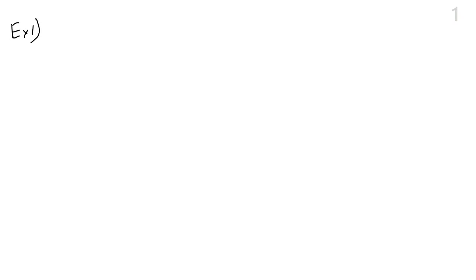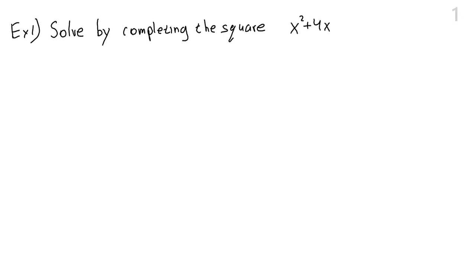So sometimes you're asked to just solve quadratic equations, and sometimes you're asked to solve a quadratic equation using a specific method. So for example, we're asked here to solve by completing the square x squared plus 4x equals 6.